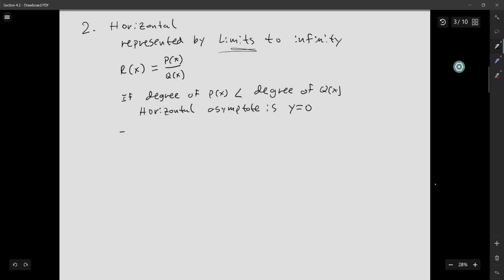On the other hand, if I flip the inequality, if the degree on top is greater than the degree of the bottom, then I have no horizontal asymptote.